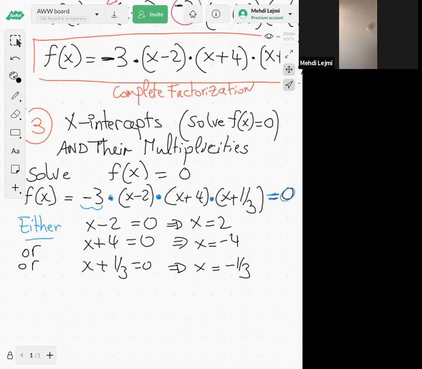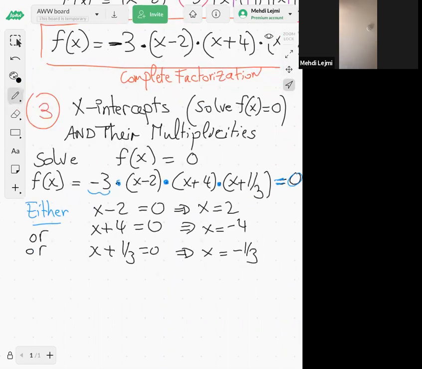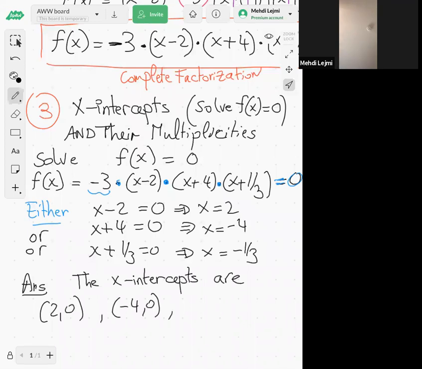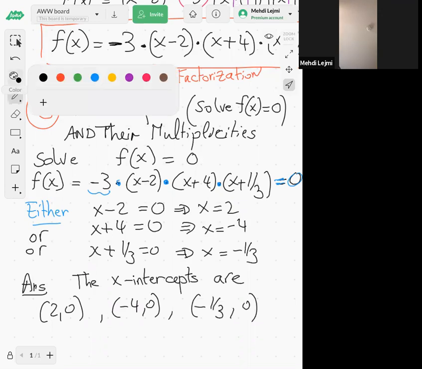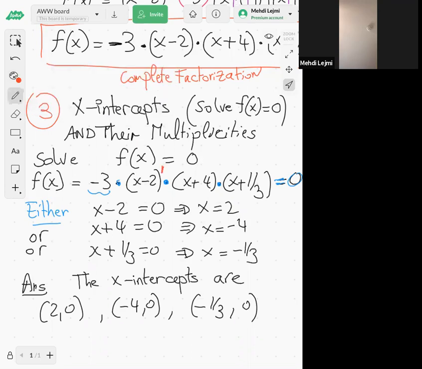So the x-intercepts are 2, -4, and -1/3. And for the power of the factors here, this is power 1, this is power 1, this is power 1.